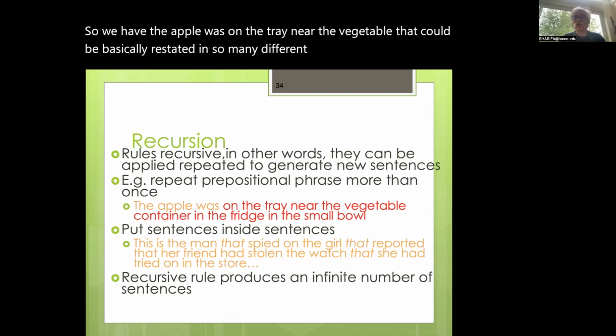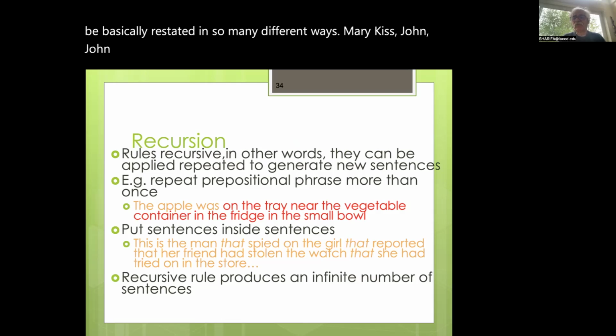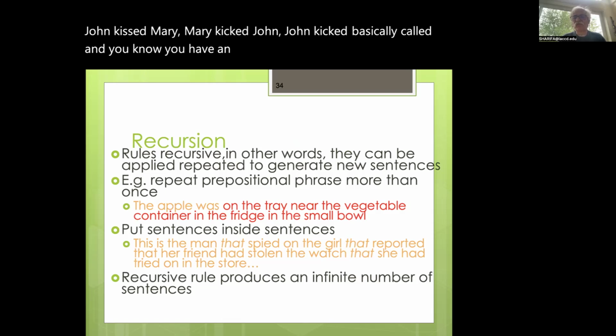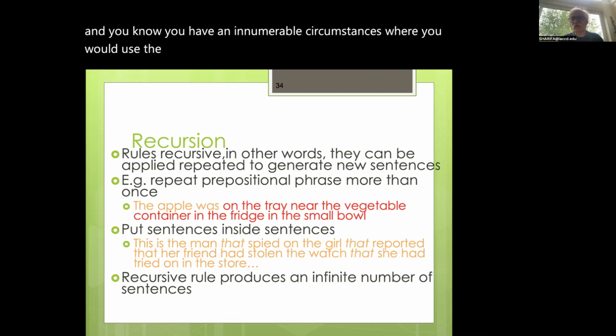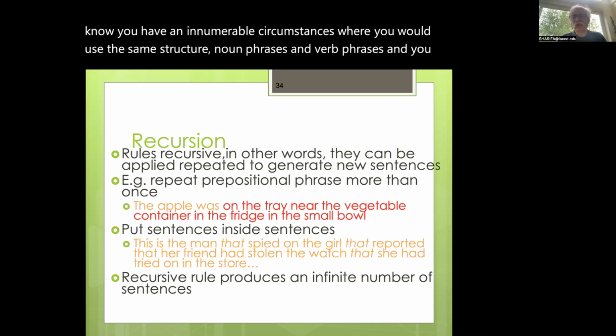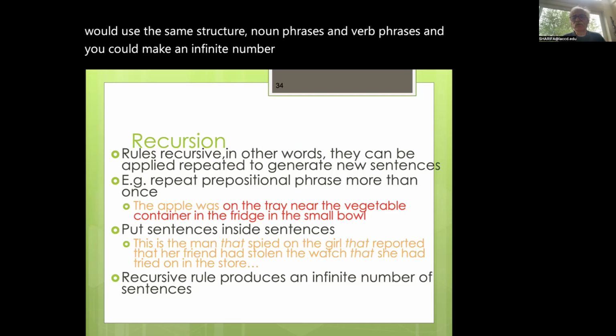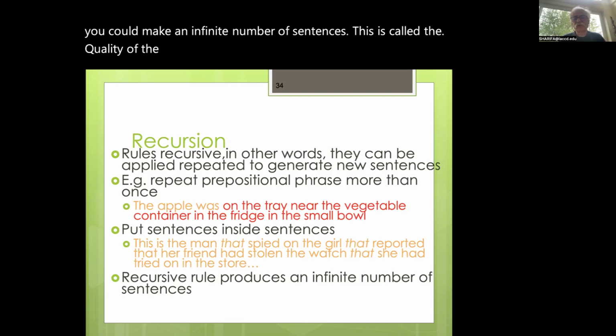Mary kissed John, John kissed Mary, Mary kicked John, John kicked Mary. And you have innumerable circumstances where you would use the same structure, noun phrases and verb phrases, and you could make an infinite number of sentences. This is called the recursive quality of English grammar, which many languages have.